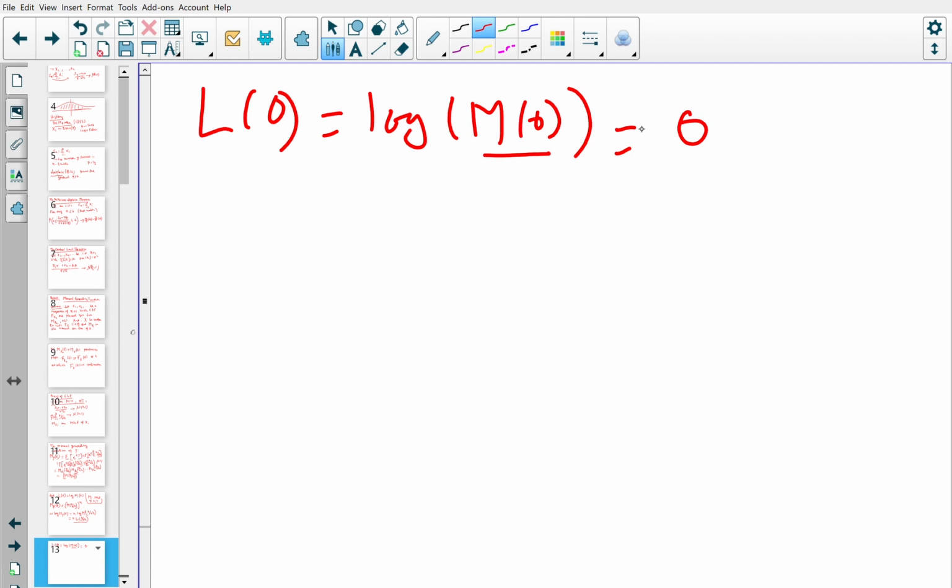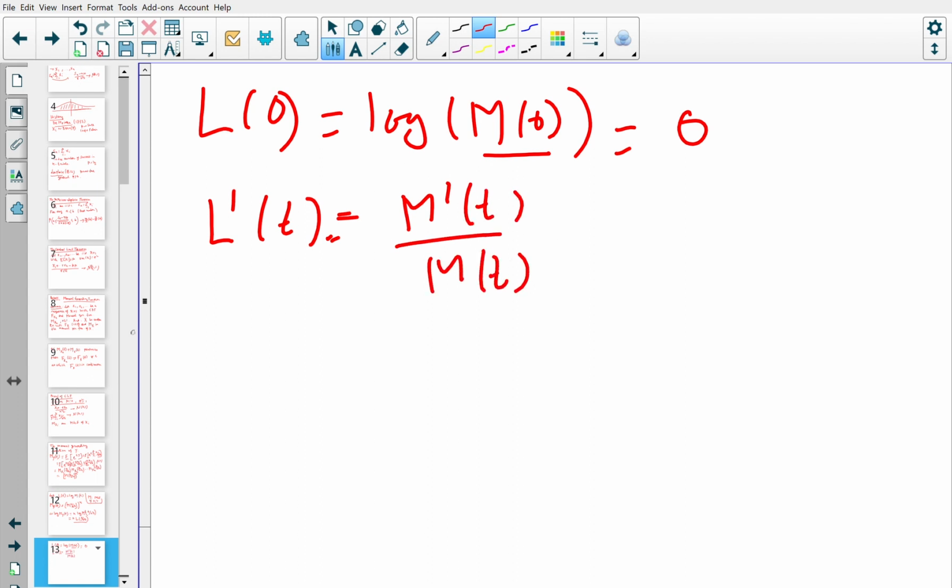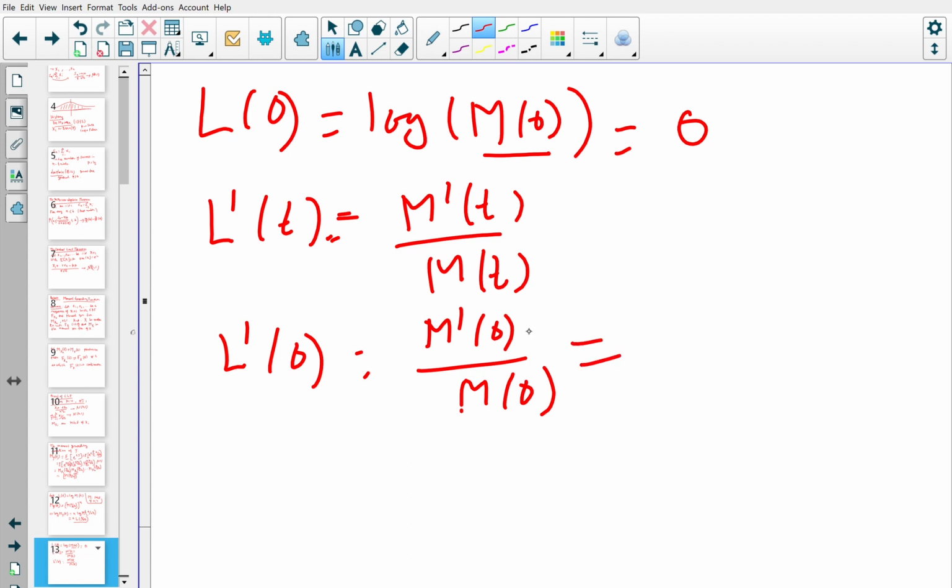And if you want to find out what L dash of t is, L dash of t is nothing but m dash t over m t, and hence L dash of 0 is m dash 0 over m 0, right? But m 0 is 1 and m dash 0 is the first moment mu, so this is mu over 1, which is mu, and I already chose mu equal to 0, so this is 0. This is a special case, mu equal to 0.